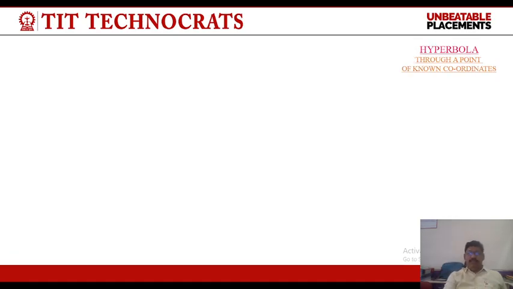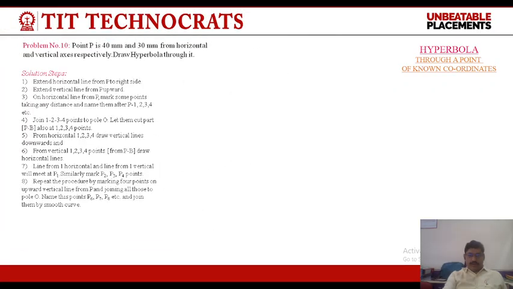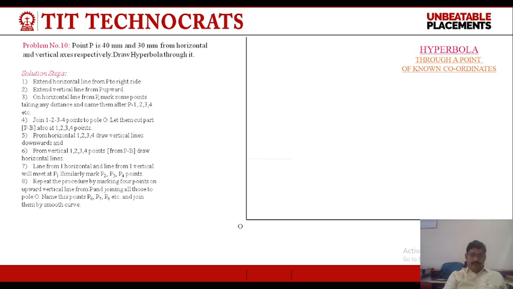Now the next method is the rectangular hyperbola method. Point P is 40 mm and 30 mm from the horizontal and vertical axes. So draw a rectangle of 30 by 40 mm, and after that extend this line without any measurement and divide this 40 mm line into 3, 4, 5 equal parts.